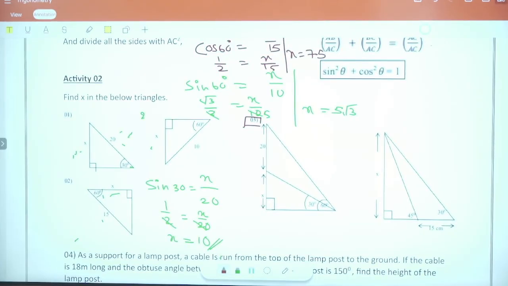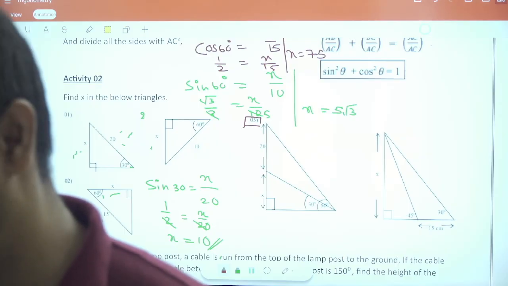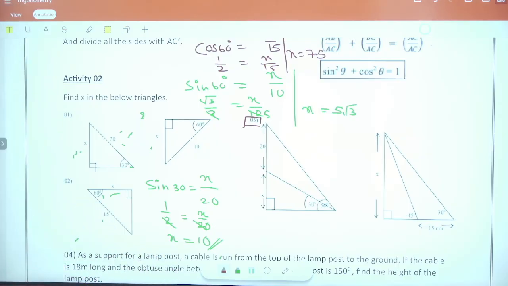No. Think, please. Let me see. Nice. Very good. And do it. Very good. One person found the answer. Decide which ratio you should put.